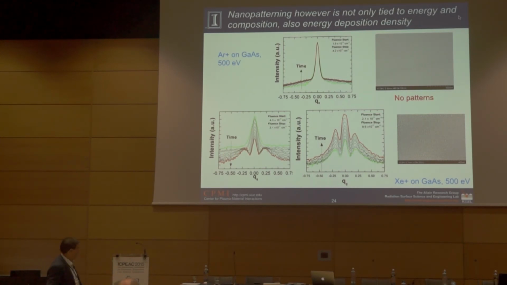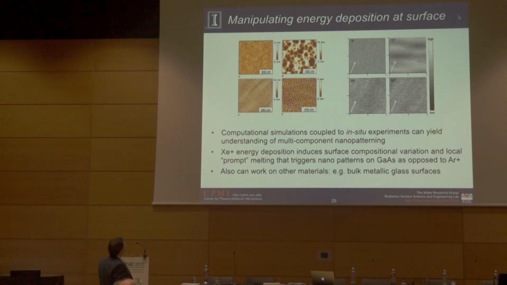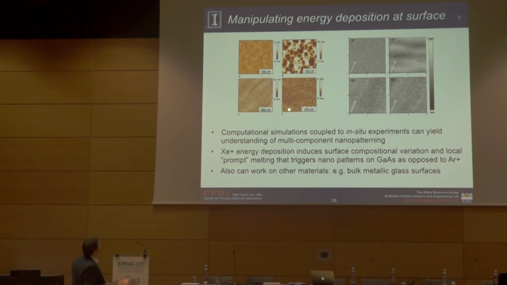The question is, why? As we closely look at the coupling of the ions on the surface, we go to computational simulations to couple the in situ results in the experiments to understand the multi-component nanopattern. Here on the left, what you're seeing is experiments bringing an ion beam, in this case silicon, at grazing incidence to the surface, creating this ripple-like structure.